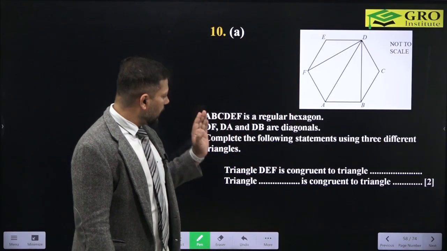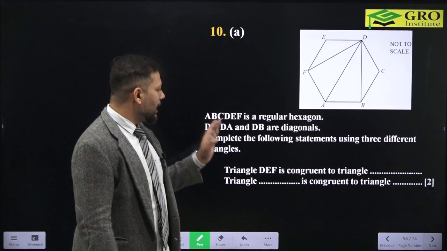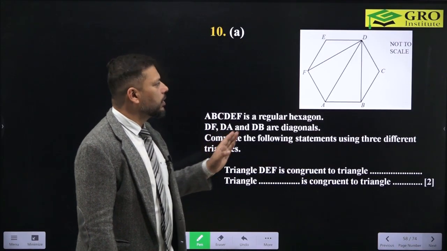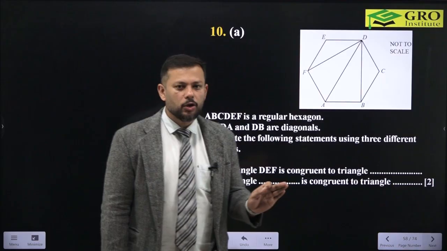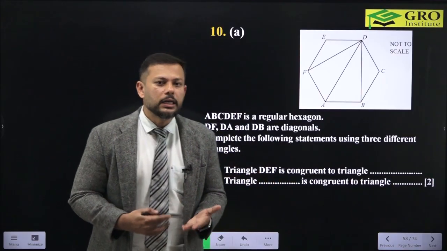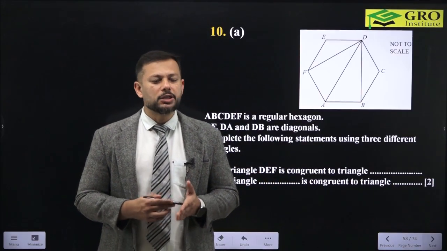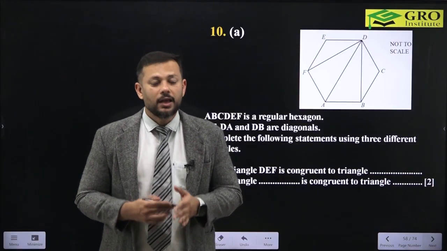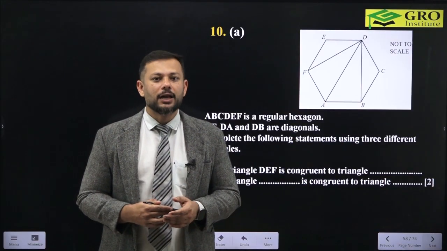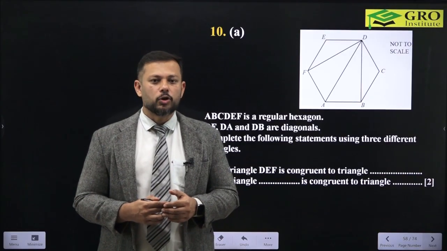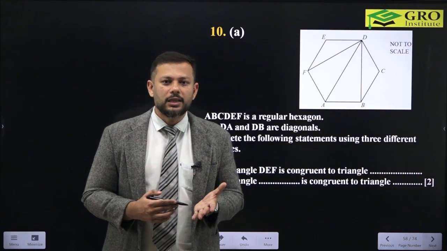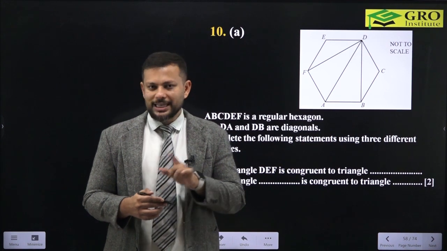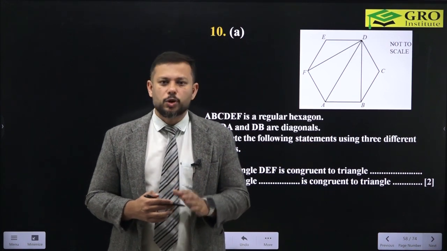So if we again read the question, it says ABCDEF is a regular hexagon. A regular polygon is the one whose all sides are equal to each other, and even their interior angles are equal to each other. If we talk about a regular triangle, that is an equilateral triangle, all the sides will be equal and the angles will also be equal.